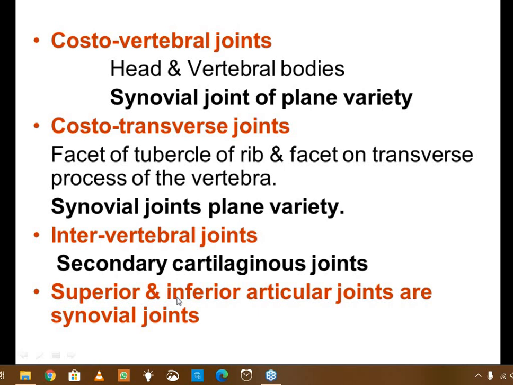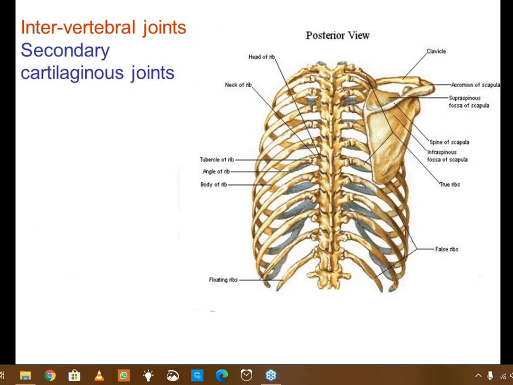Between the superior and inferior articular processes of the vertebra are plain synovial joints. So, between the bodies are the secondary cartilaginous joints, and between the articular processes are the plain synovial joints.